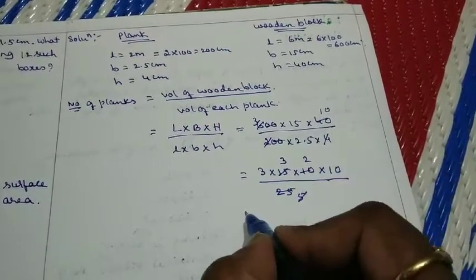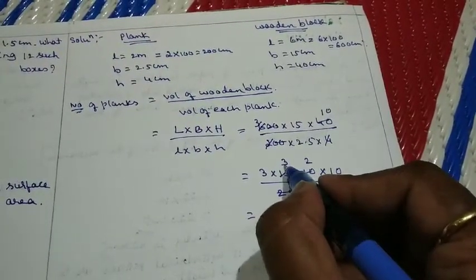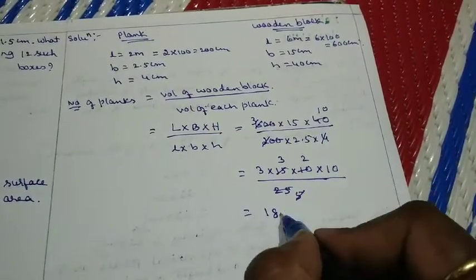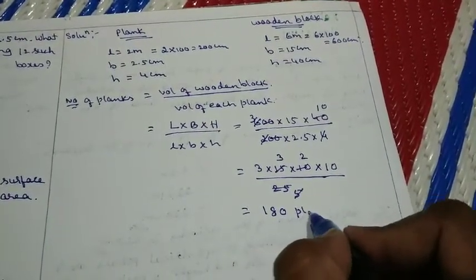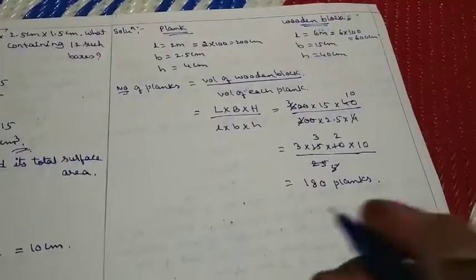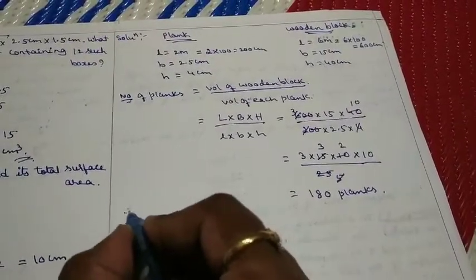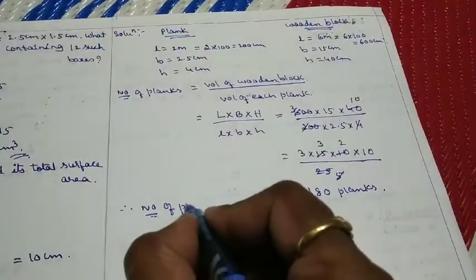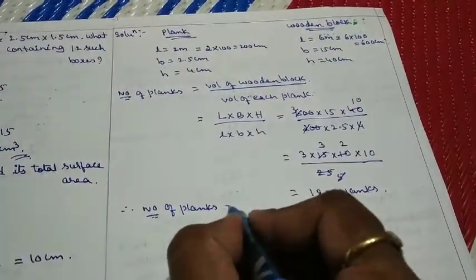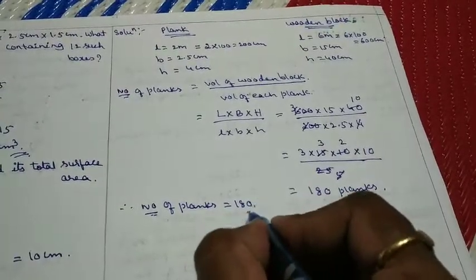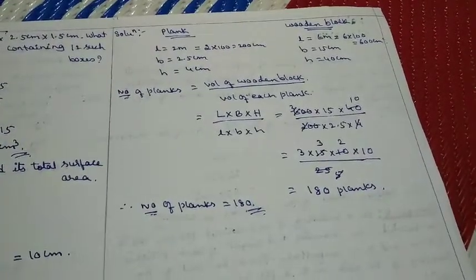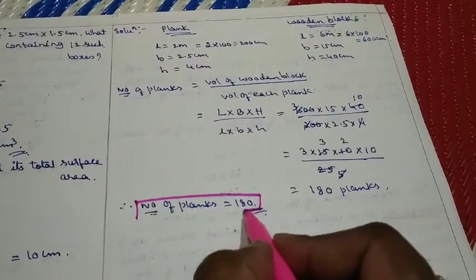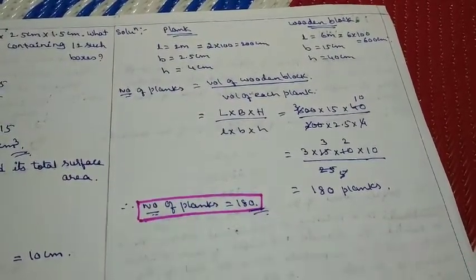Now multiply: 3 threes are 9, 9 twos are 18, and this 0 as it is, that is 180 planks. Therefore the number of planks equals 180. This is how we need to solve, children. Now let us move to the next question, question number 8.